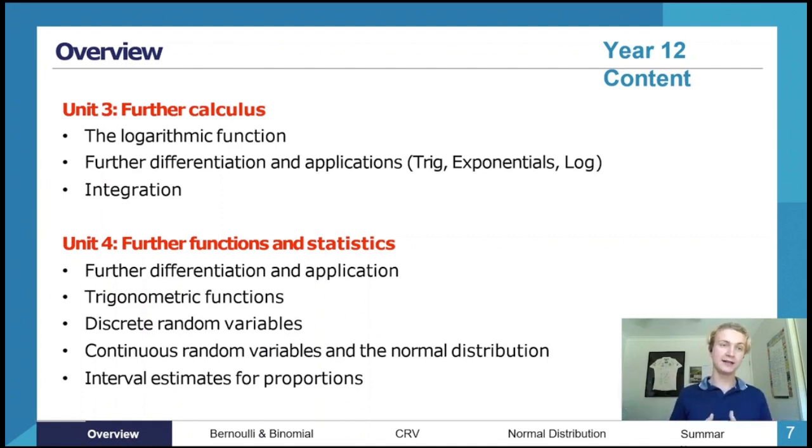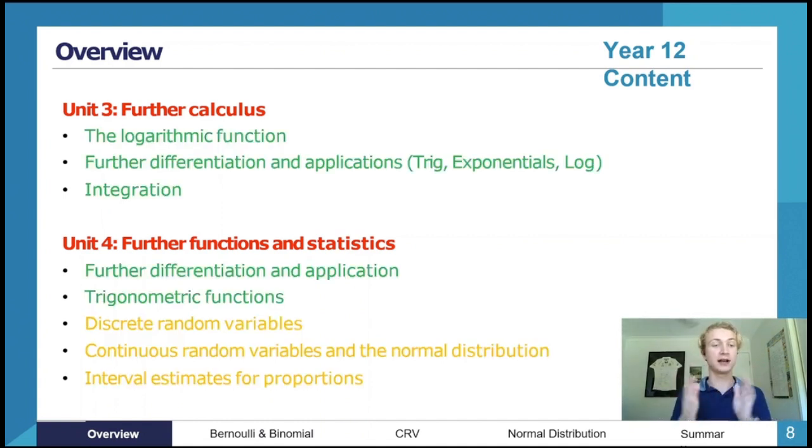Unit three was for the calculus, so logs, differentiation, applications, integration. We're not talking about that today. In fact, we're not really even talking about those first two, which is differentiation and application or trig. In unit four, we're talking about probability, and probability is what makes up the basis of unit four. It is statistics, and at times it can seem really boring, but statistics is high yield.